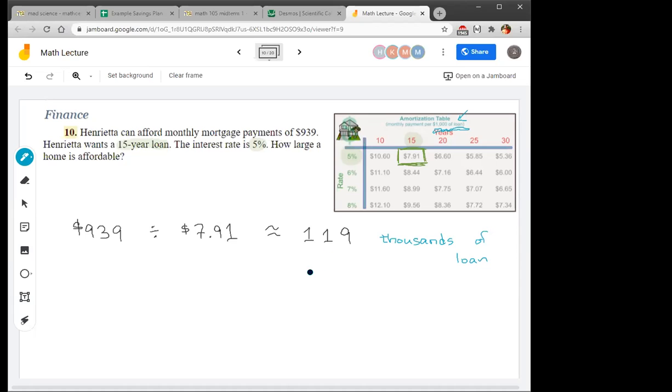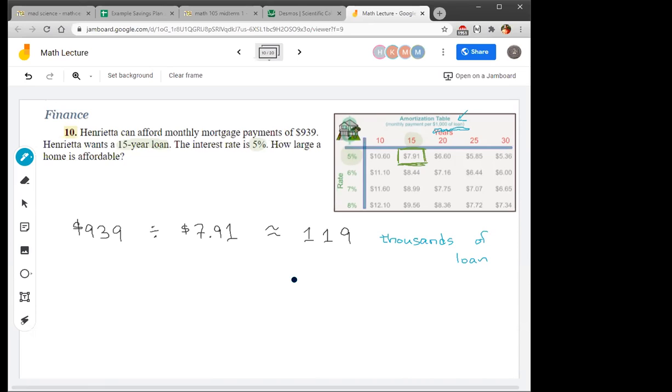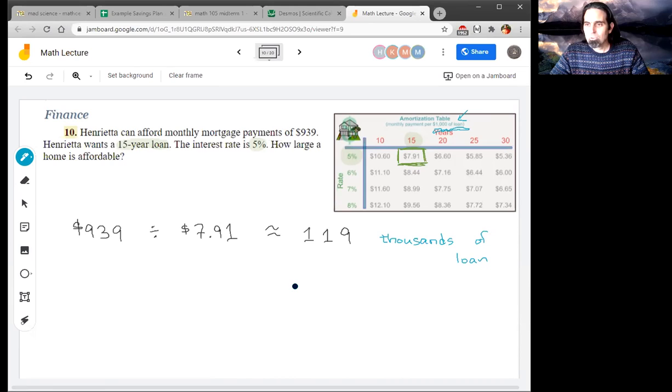It's traditional to talk about mortgage and house sizes as thousands, right? People say, I'm going to get a $60,000 house. No one says, I'm going to get a $60,512 house. I mean, it usually turns out to be something that's not a nice rounded number, but this is just how the budgeting works. So we're following that tradition. So how large a home is affordable?